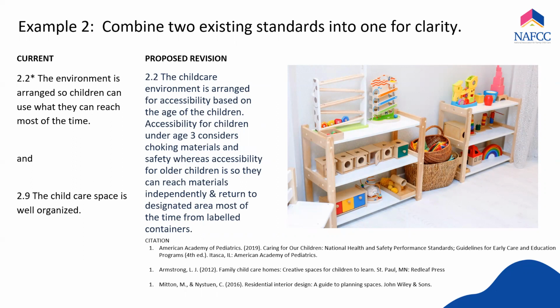The childcare environment is arranged for accessibility based on the age of the children. Accessibility for children under age 3 considers choking materials and safety, whereas accessibility for older children is so they can reach materials independently and return to designated areas most of the time from labeled containers. You can also see we have added citations to support the new standard.